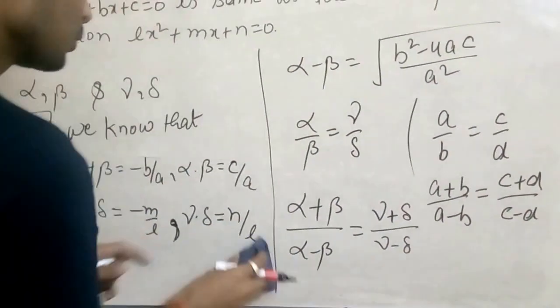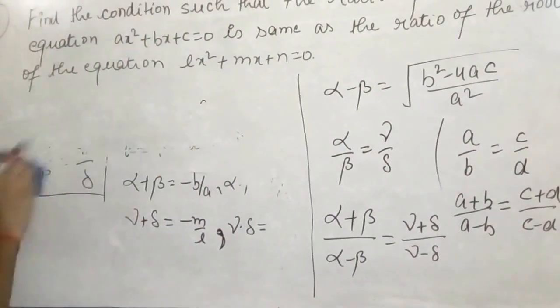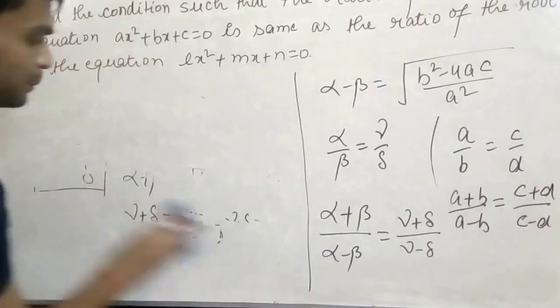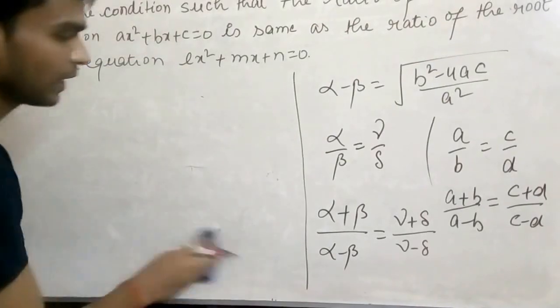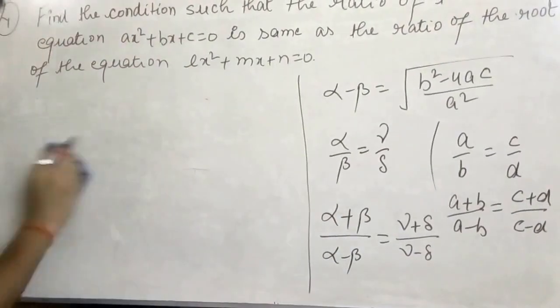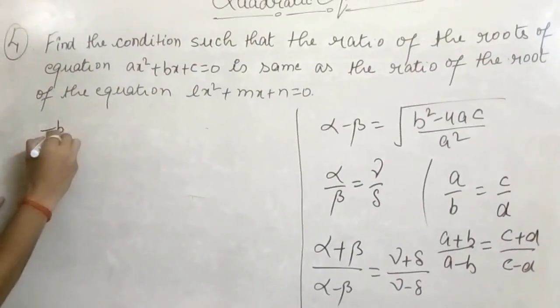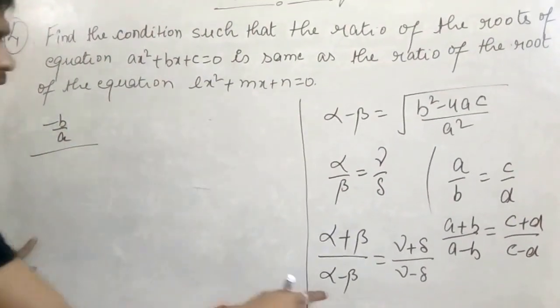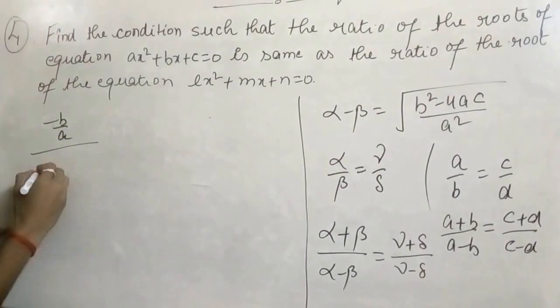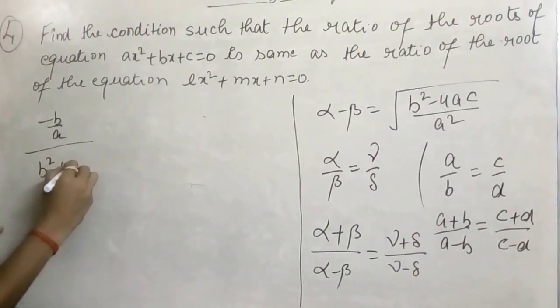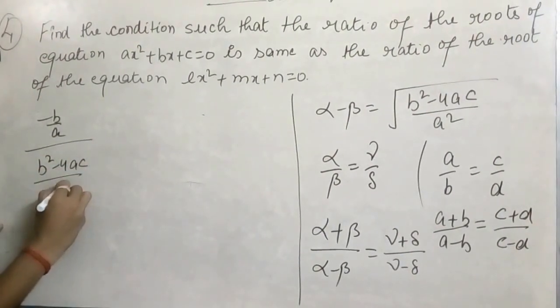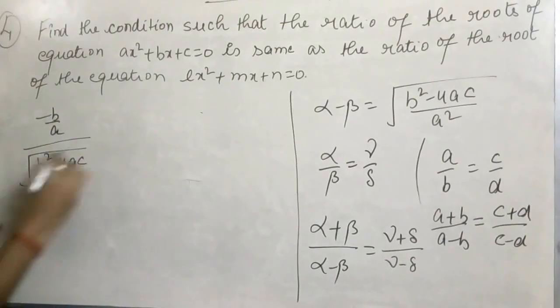Okay, fine. So if we put the values of alpha plus beta and alpha minus beta and gamma plus delta and gamma minus delta in this equation, then we get alpha plus beta equal to minus b by a, and alpha minus beta equal to root under b square minus 4ac divided by a square.